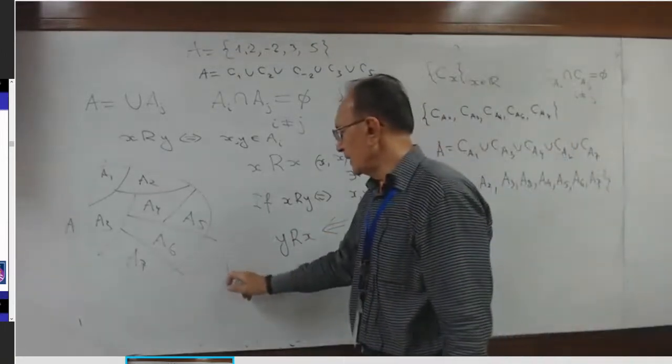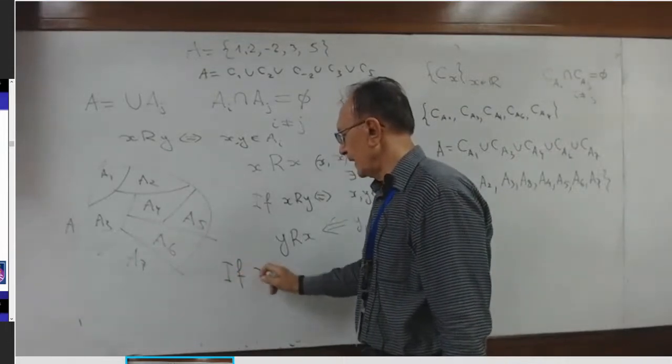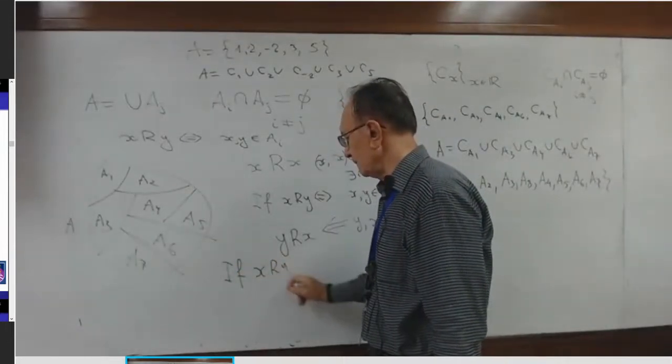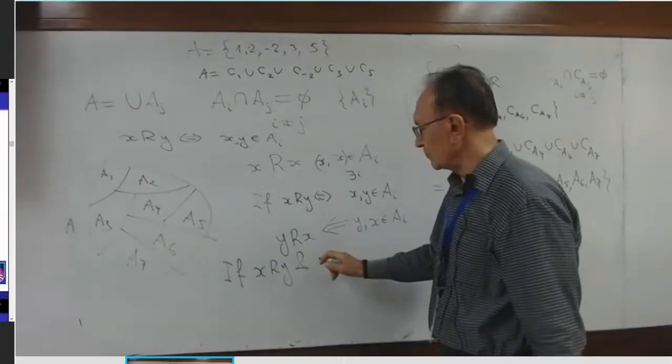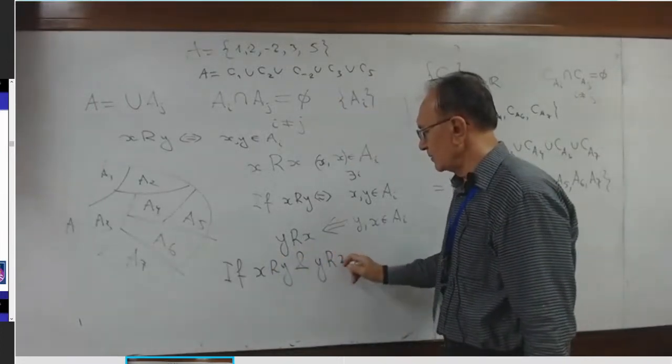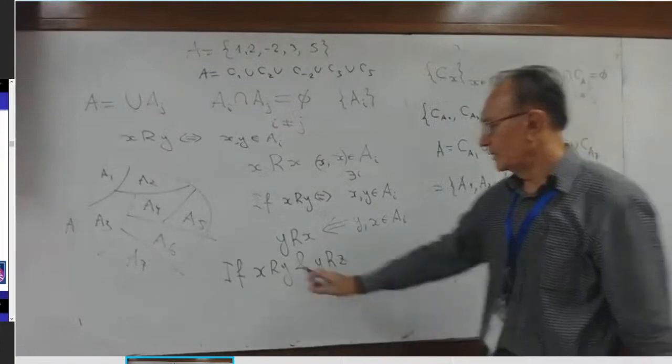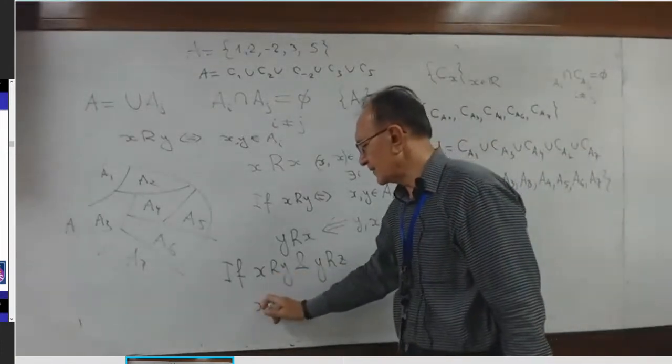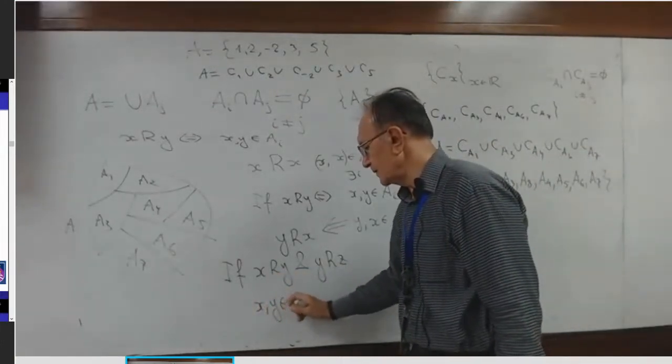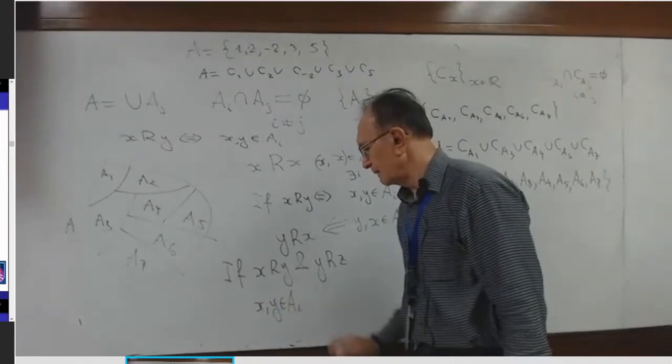Transitivity now. If X is related to Y, and at the same time Y is related to Z. What does it mean? This means X, Y are in some Ai.